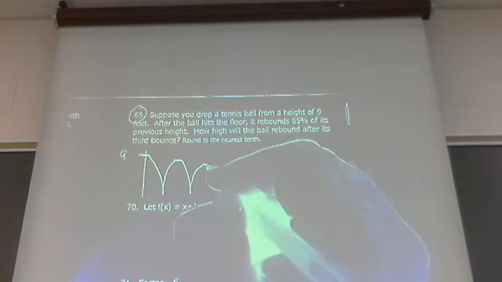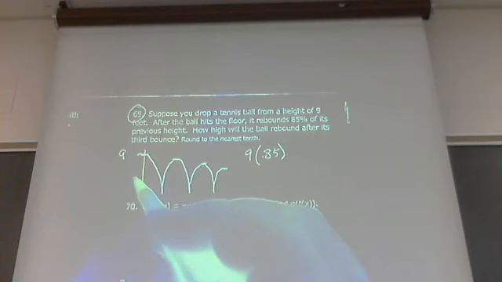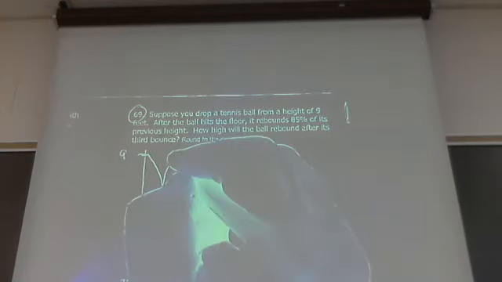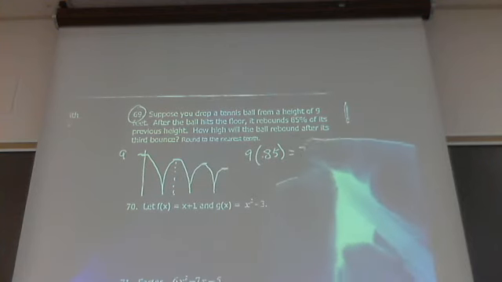We start with 9, and when we multiply by 0.85, what do we end up with? 7.65 after the first bounce. The first height was 9, okay? After the first bounce was 7.65.